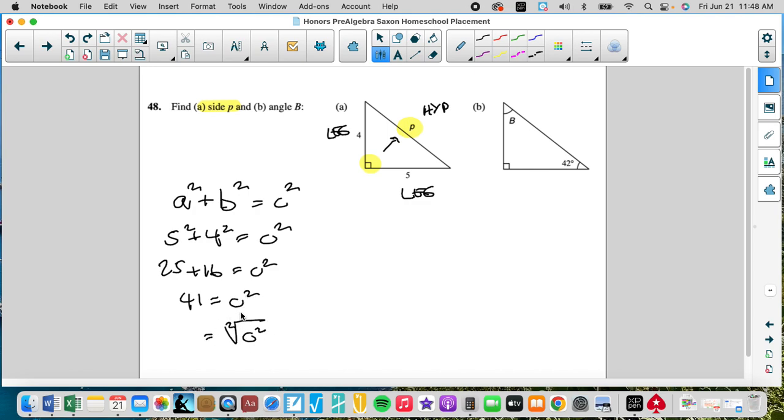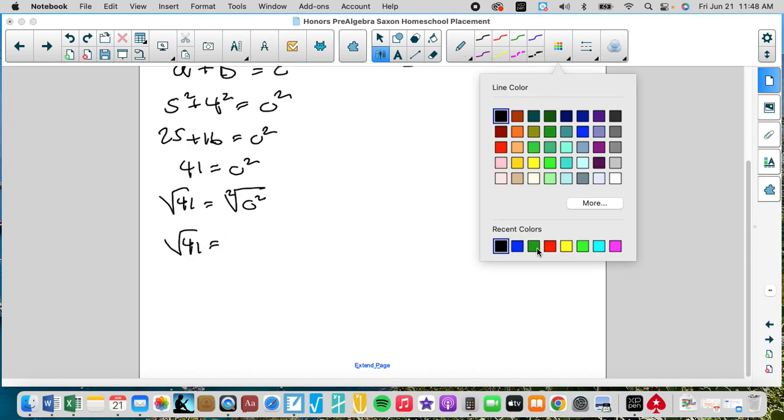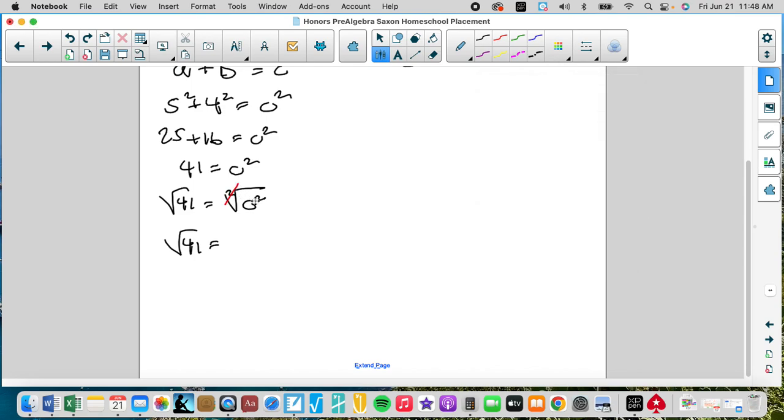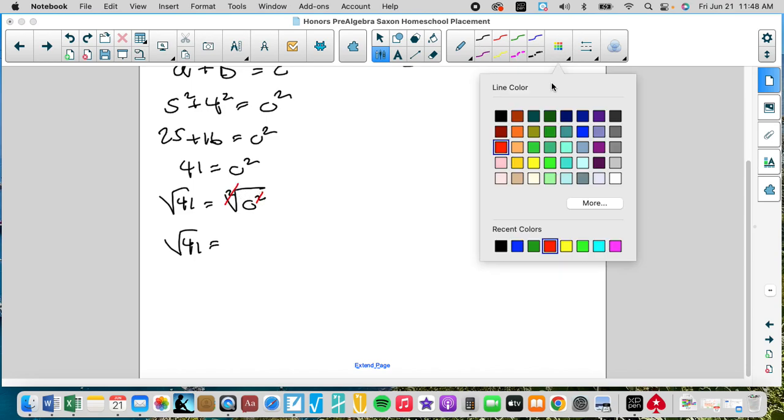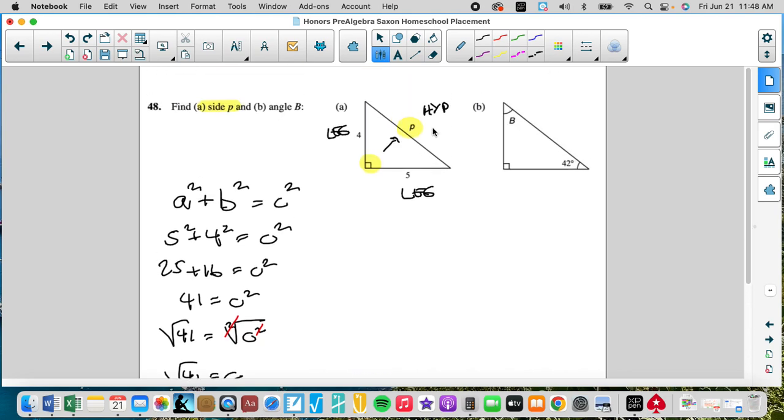If we take the square root of the right side, we have to balance the equation and take the square root of the left side. Square root of 41 is not a perfect square. The square root and square cancel, leaving us with c. So my hypotenuse is going to equal the square root of 41.